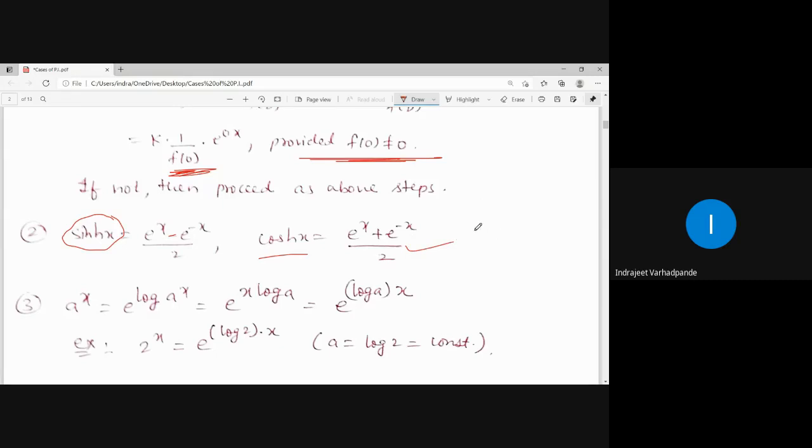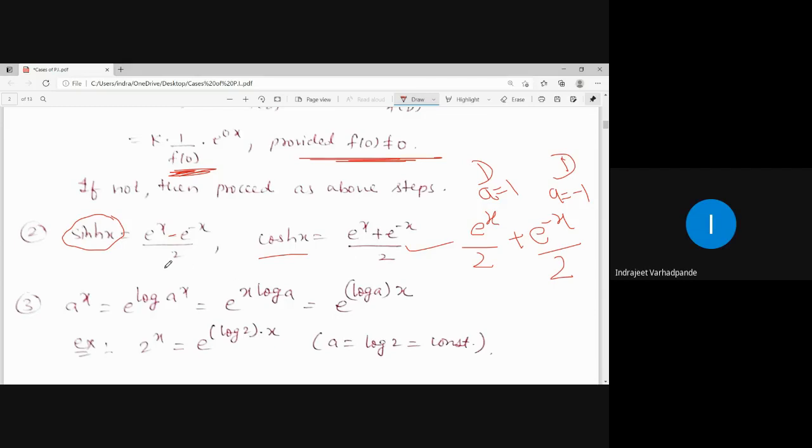So again, this can be separated as e to the power x upon 2 plus e to the power minus x upon 2. What is the value of a here? In the term e to the power x by 2, what is the value of a? 1. In e to the power minus x, what is the value of a? Minus 1. So replace d by 1, and replace d by minus 1. Clear?